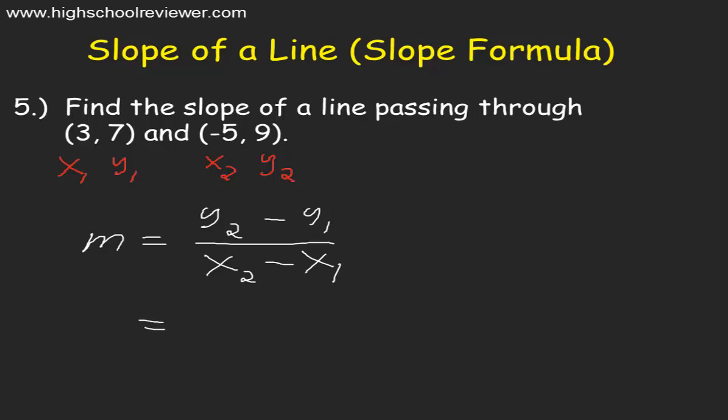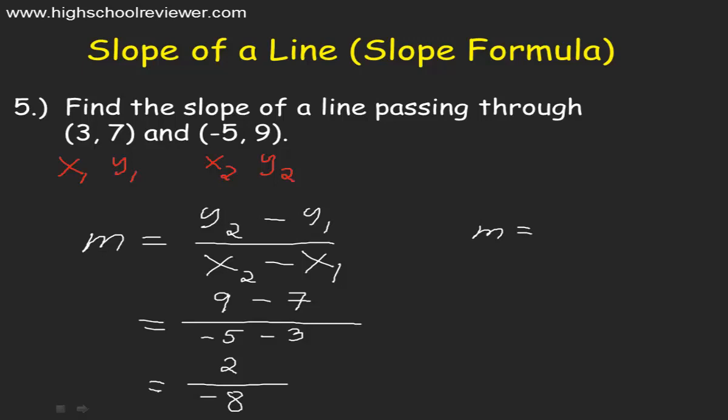So the value for y sub 2, that is positive 9, minus the value for y sub 1, which is positive 7, divided by x sub 2, that is negative 5, minus the value of x sub 1, which is positive 3. 9 minus 7, that is positive 2, divided by negative 5 minus 3, that will give us negative 8. So our slope here will be 2 all over 8.